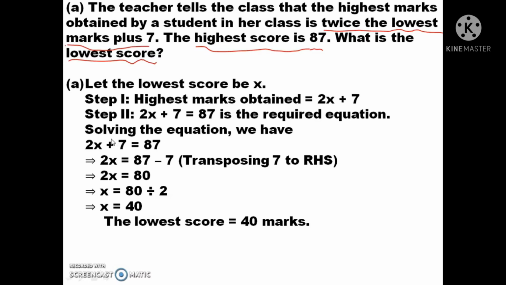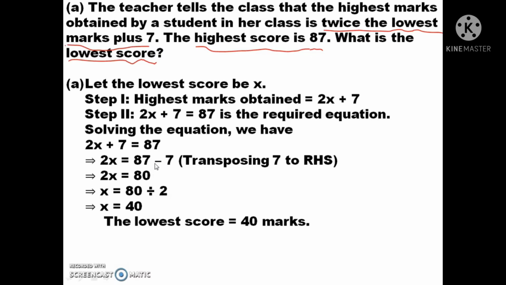Now, using the transposing method, you will solve the equation. 2x plus 7 is equal to 87. This plus 7, when it goes to the other side, it becomes minus 7.